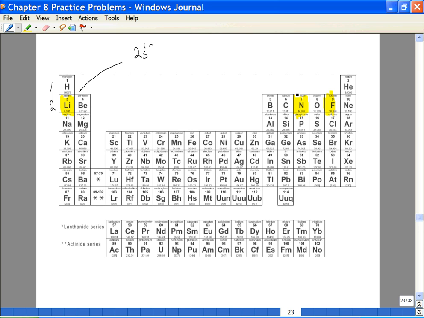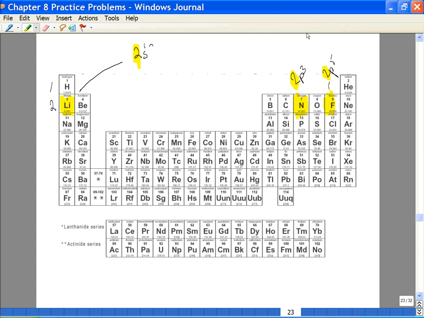The valence electron in this one is 2p3. The valence electron in this one is 2p5. So yes, they all have the same energy shell, which is 2. And that's how you would answer the remaining questions.